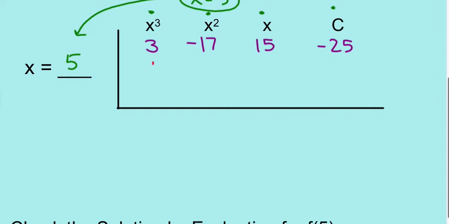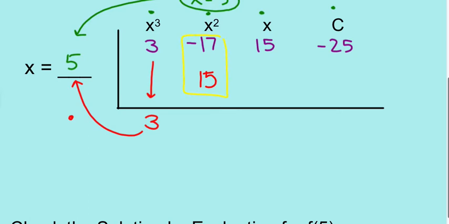So the first step always is to bring down that first number, 3. And everything underneath this box is going to multiply by 5. So I say 3 times 5, and I get 15, and that's going to go in this placeholder. All of the columns, so I would say this is a column, are going to add.